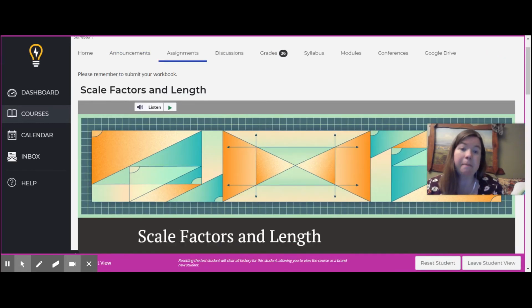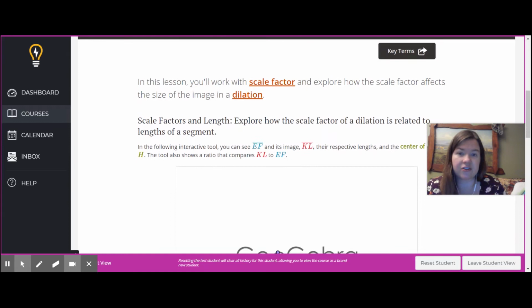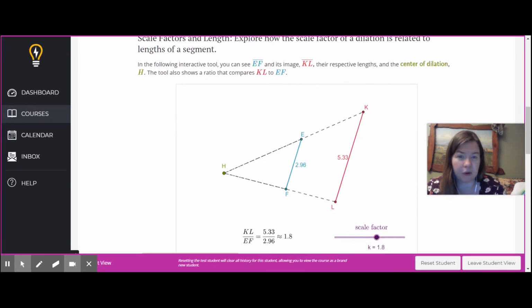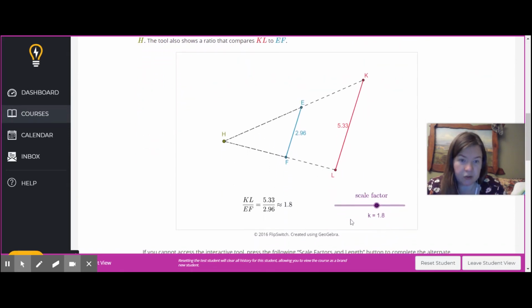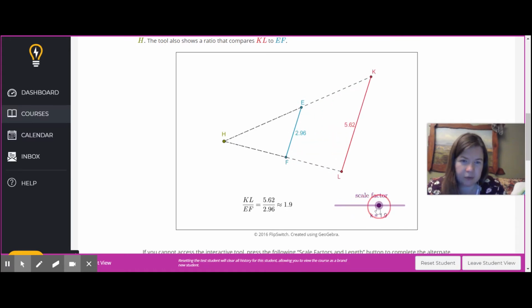Okay, so this is actually the meat of dilation: scale factors and length. We talked about it being twice as big. So look at this. If I slide this, watch how that moves. In fact, I can do negative. We have a scale factor of 0.7, which makes it smaller. If I go bigger than 1, it makes it bigger.